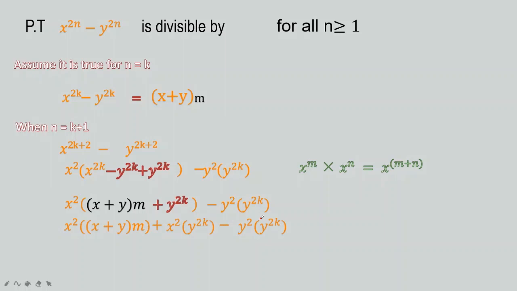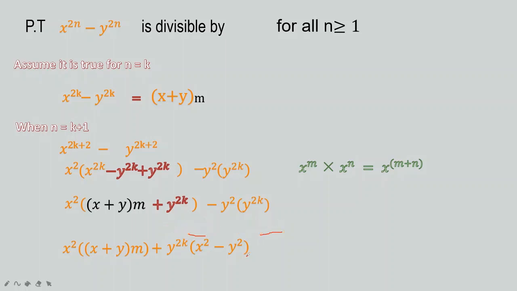Now, if you look carefully, you will see that in these two terms, y to the power 2k is common. Do you see that? So I'll take that out. So it will be x square into x plus y into m plus y to the power 2k, taking common, into x square minus y square. Okay. Now x square minus y square, you know what it is?